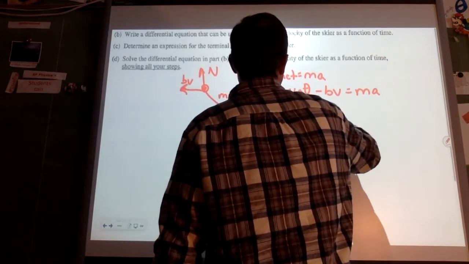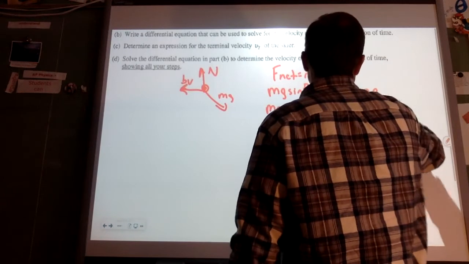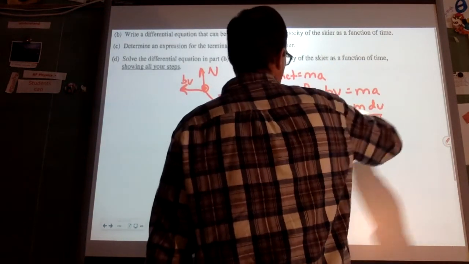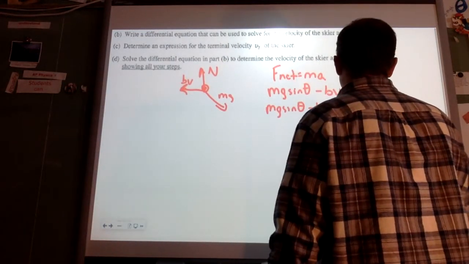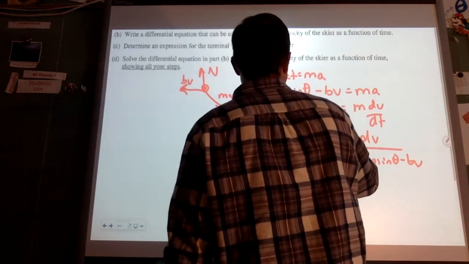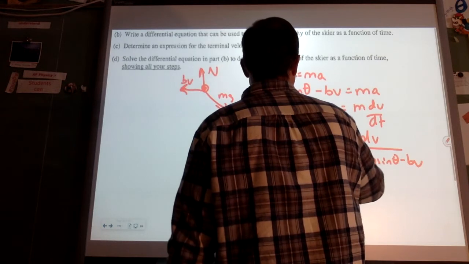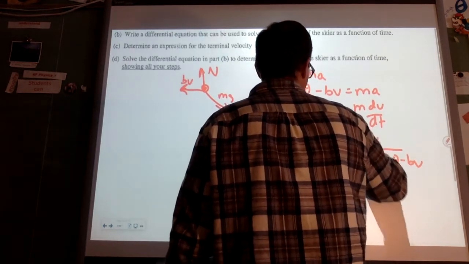So I have mg sine of theta minus bv equals m dv/dt. I'm going to get this part to the other side, so I'm going to have dv over mg sine of theta minus bv is going to be equal to 1 over m dt.